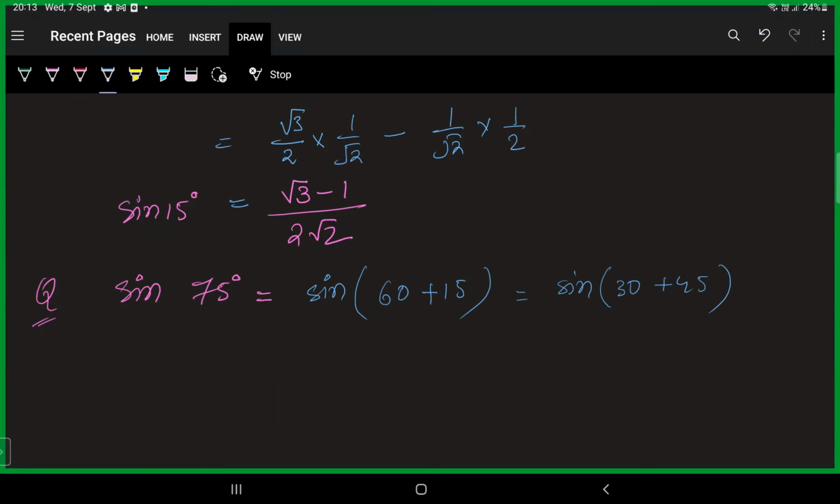Tell me the answer fast. Root 3 ... 2 root 2. Okay, I don't know if this is the correct answer, but I suppose this is correct.